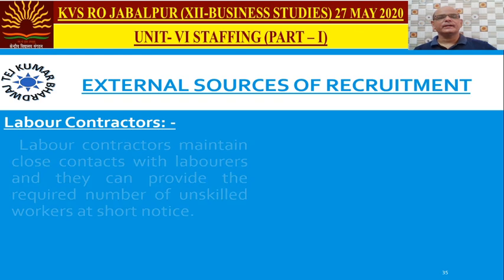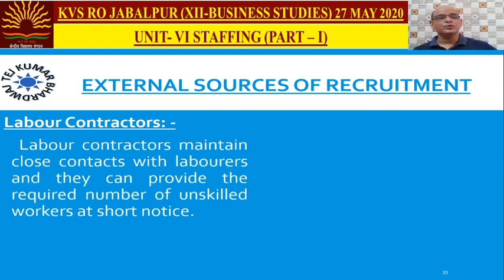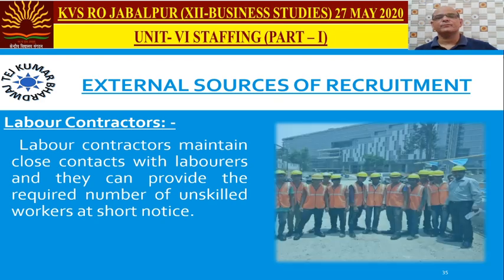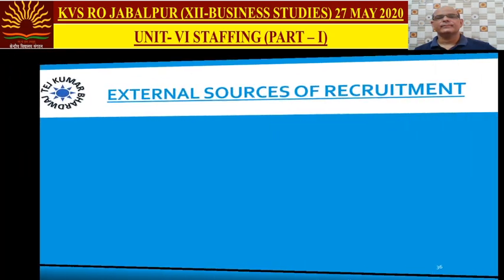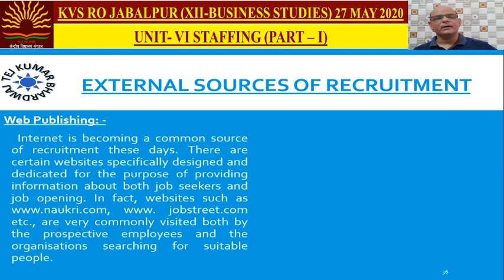Coming to labor contractors, whenever we require a large number of unskilled labor, these labor contractors play a very important role, especially at the construction sites, when without any prior intimation, all of a sudden we require a large number of unskilled workers. Web publishing, a very popular method nowadays.